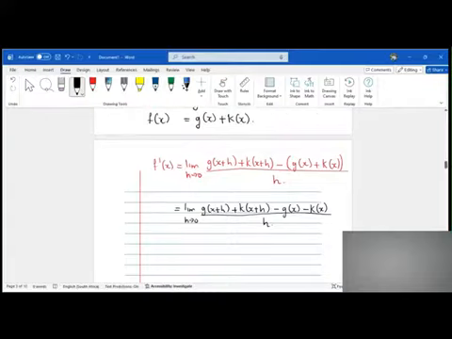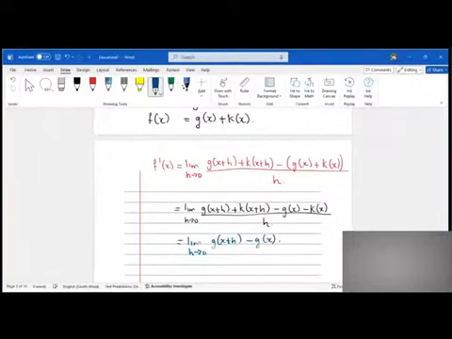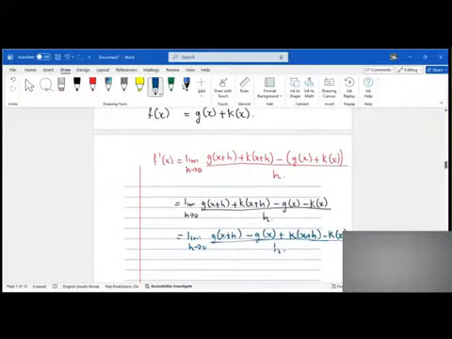So let's try to unpack this in a nice way. So this will be the limit as h tends to 0 of g, then I'll say plus k of x plus h coupled, all over h.